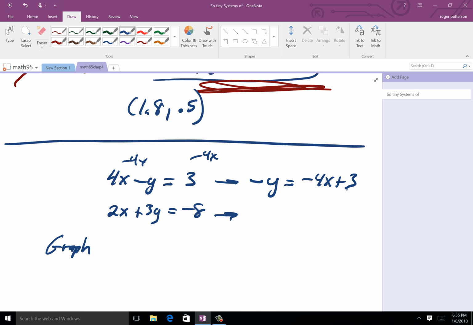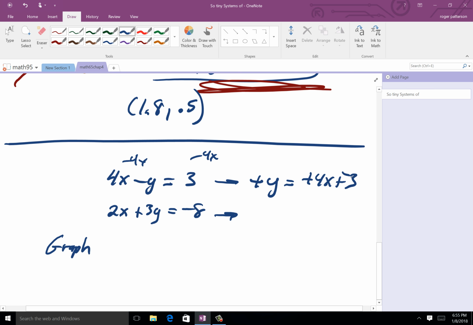So what do we have to do there? How do we get rid of negative y? All we have to do is change that to a plus. But if we change that to a plus, what do we have to do here? Change it to a plus. And change that to a minus. That's right. So all we have to do is go plus, plus. Oops, now that's a minus.